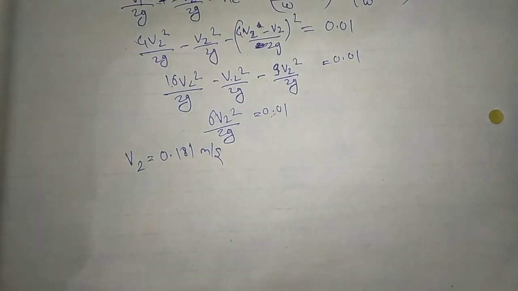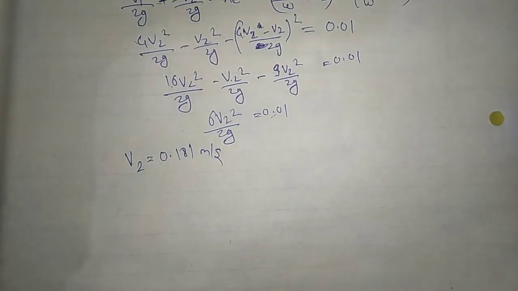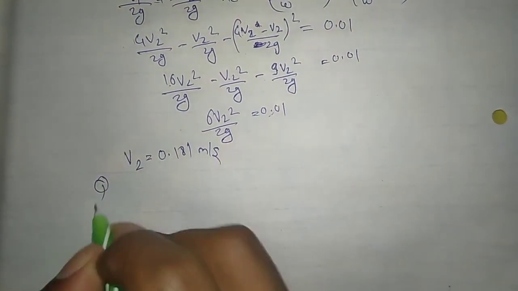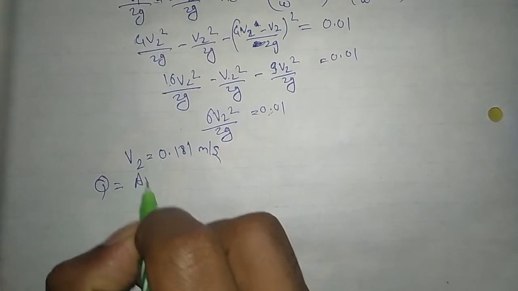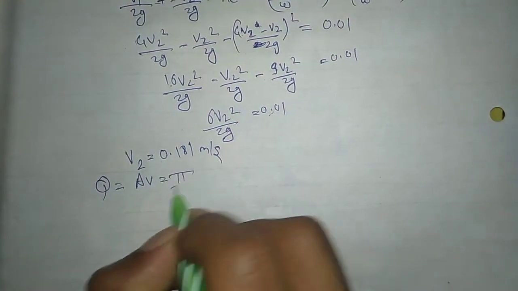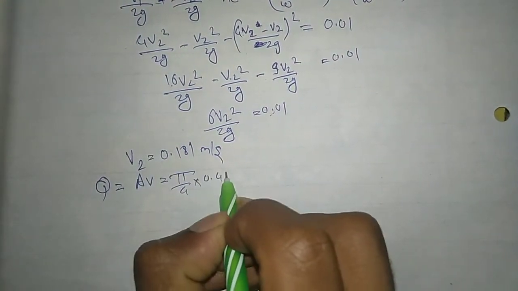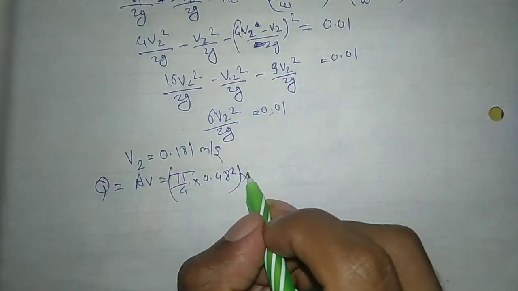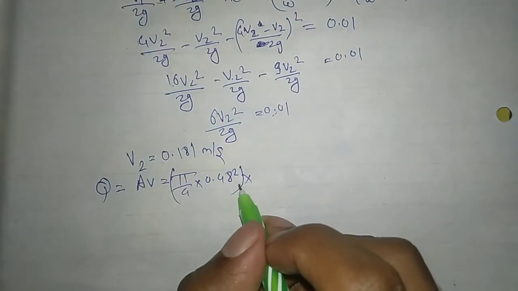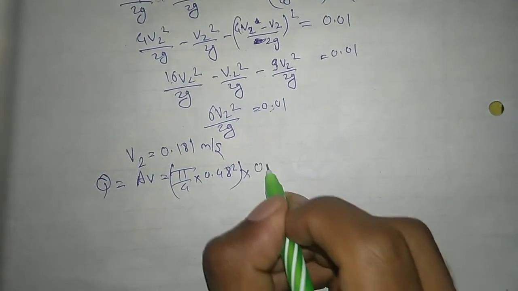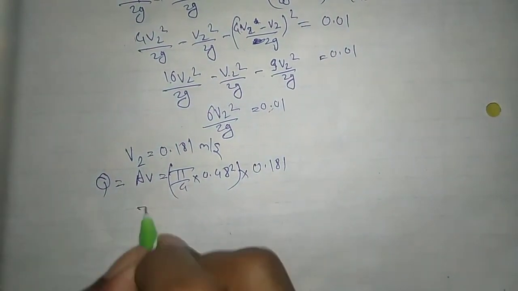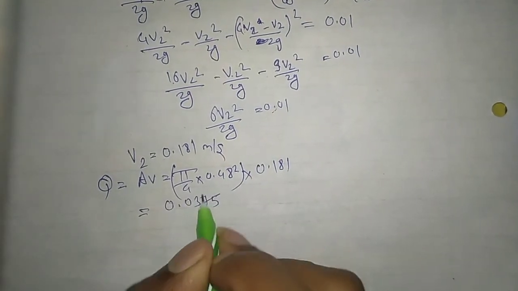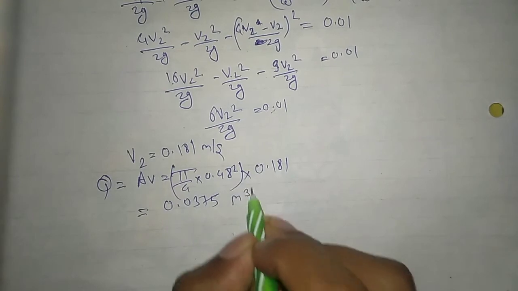Now we have to find the quantity. Q equals A V, where area is pi by 4 into 0.48 square, and the velocity we have is 0.181. So we get the answer 0.0375 meter cube per second.